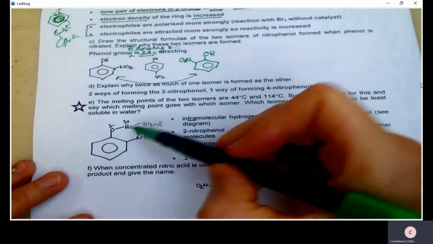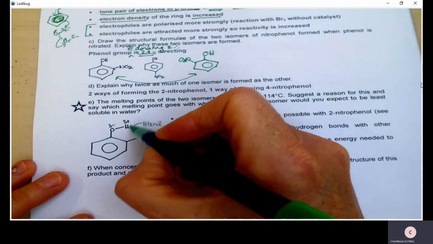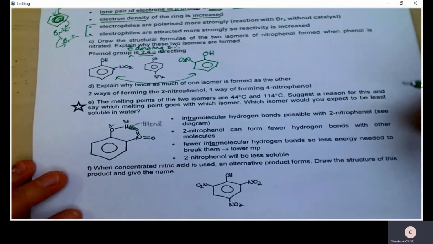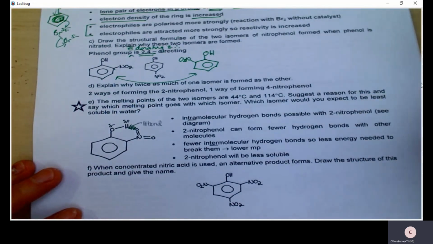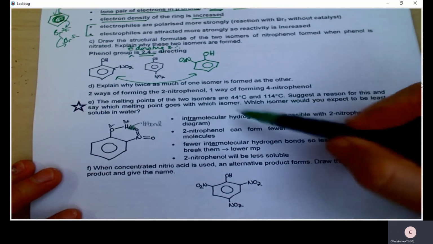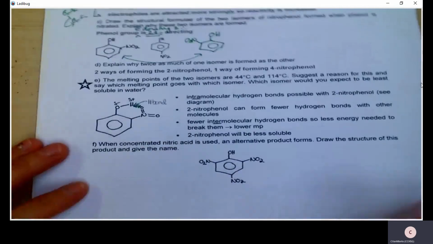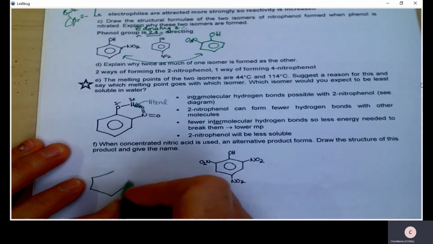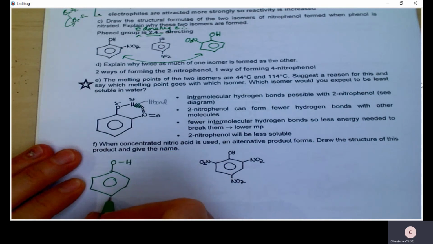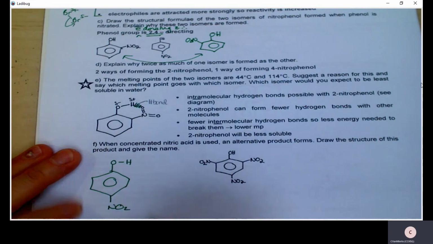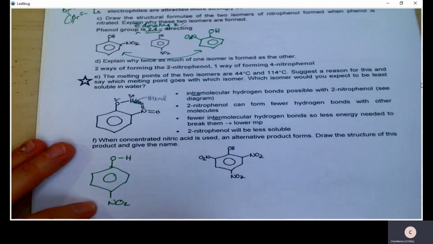So what we can draw here is an intramolecular hydrogen bond, so within the molecule hydrogen bond. Now, when we draw the 4-nitrophenol, let me just draw one down here. The OH group and the nitro group are miles away from each other. And so there's no such interaction between these groups.